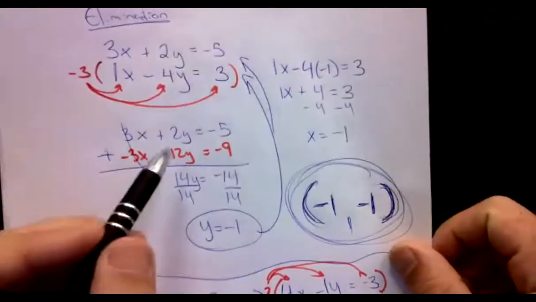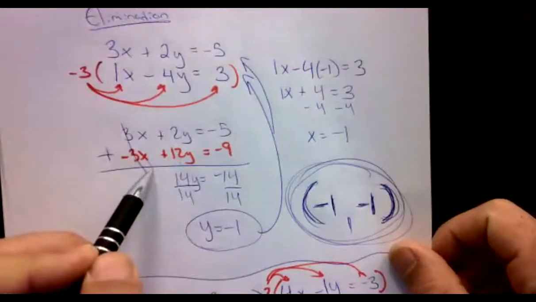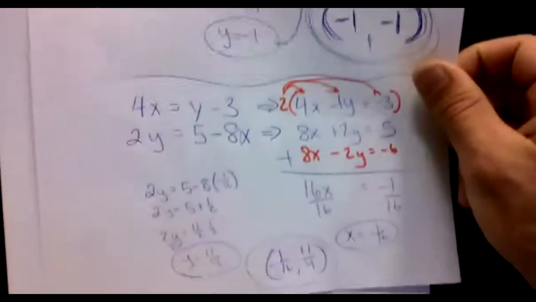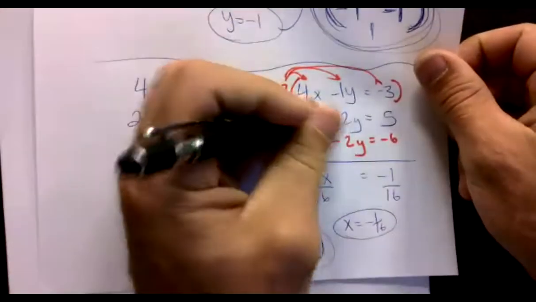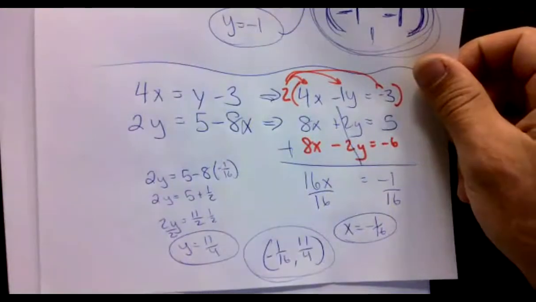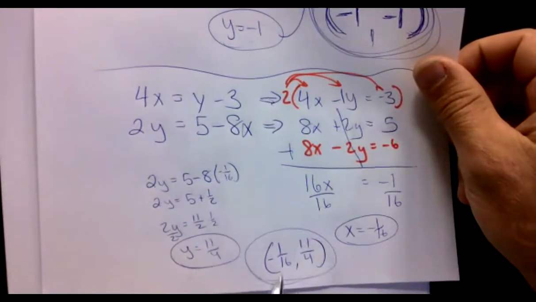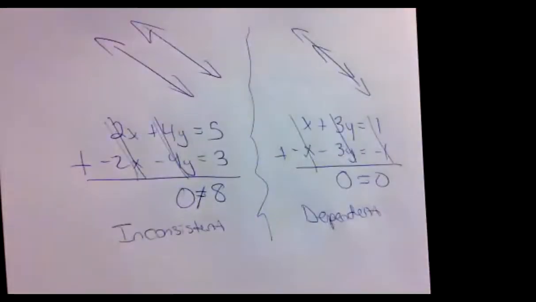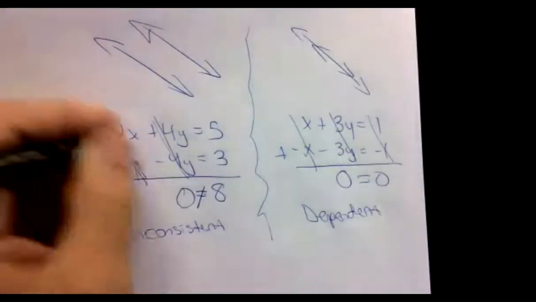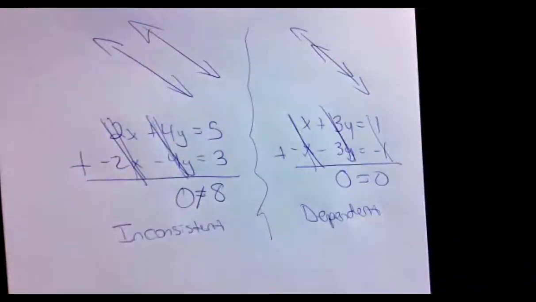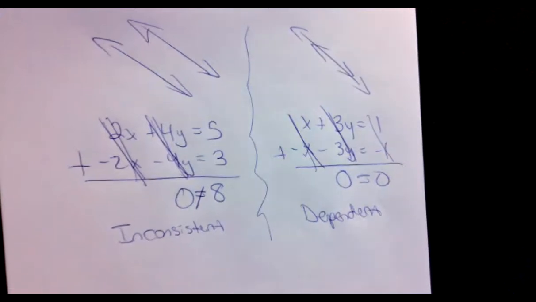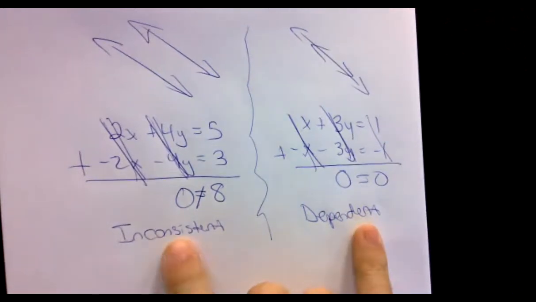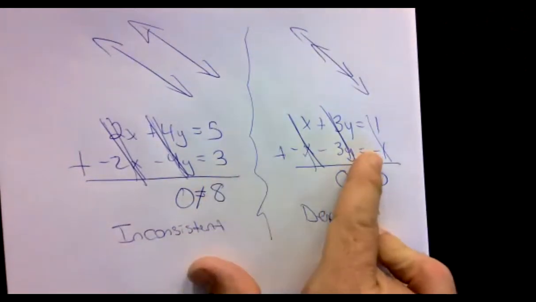Using regular elimination, if just one of your variables cancels out, like just your x or just your y's, then you're going to be able to solve for the other variable, and you're going to therefore get a solution. But if both x and y cancel, then it's either going to be inconsistent or dependent based off of whether or not your constants cancel too.